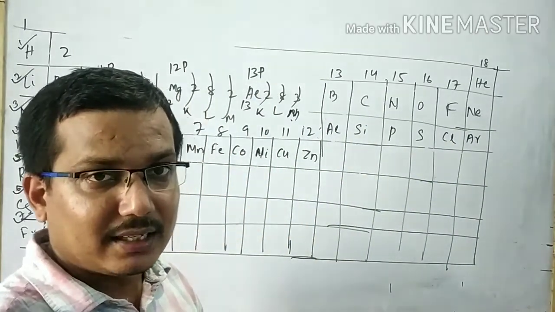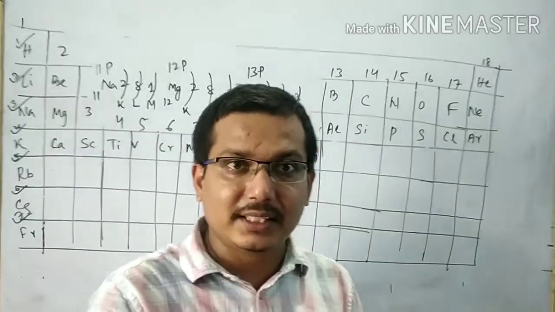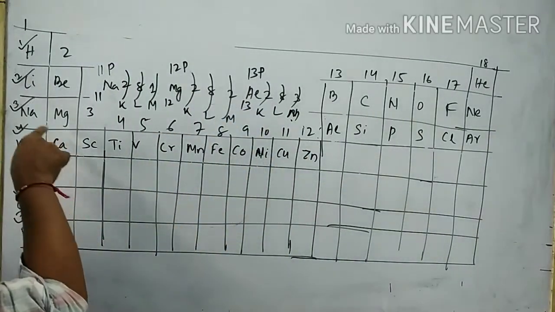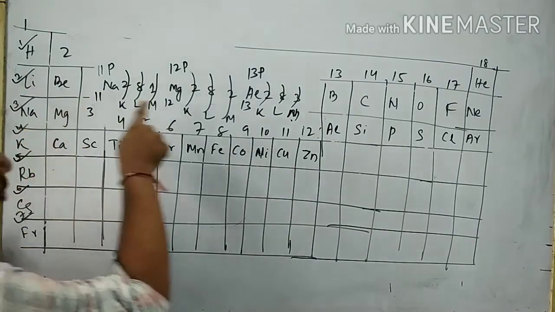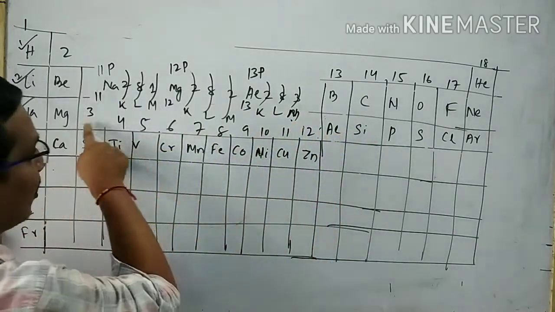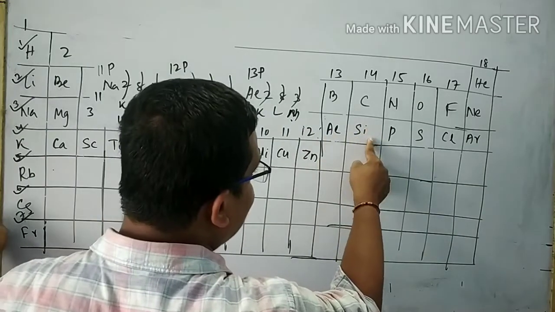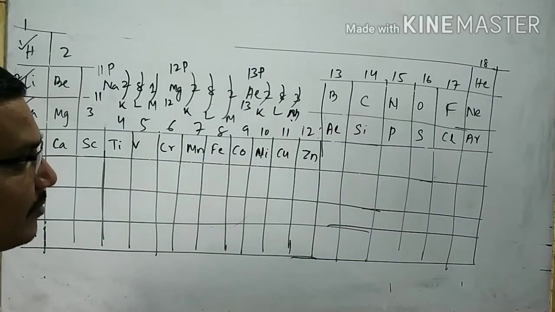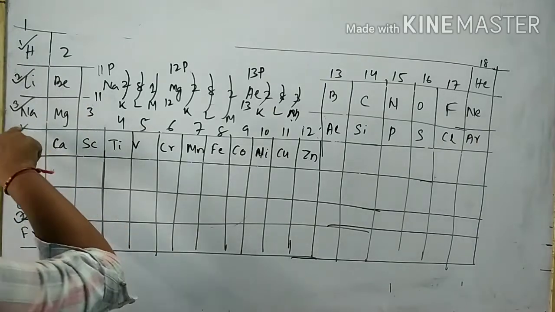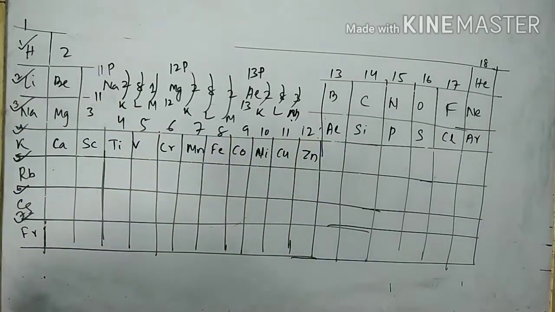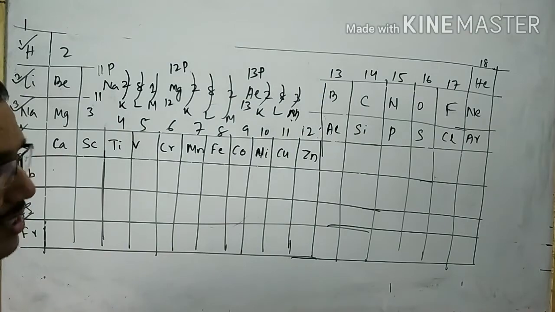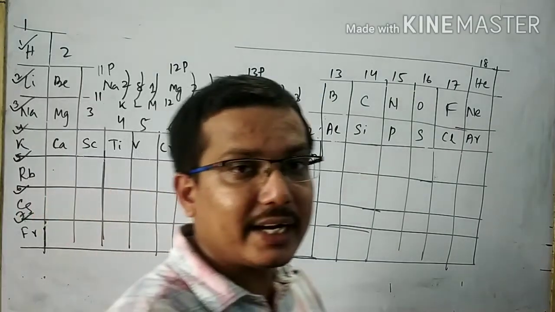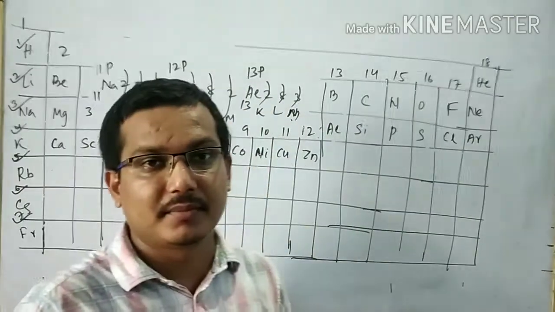That means the distance between the nucleus and the valency cell goes on decreasing from sodium to magnesium, next aluminium, next silicon, next phosphorus like this. As a result, the atomic radii goes on decreasing, because it is the distance between the nucleus and the valency cell.